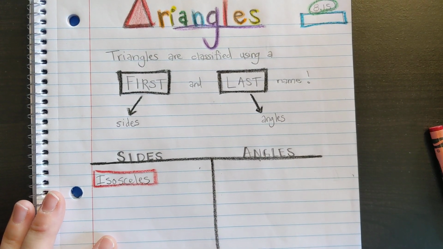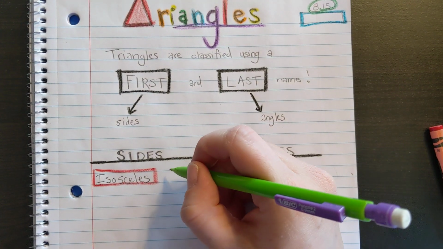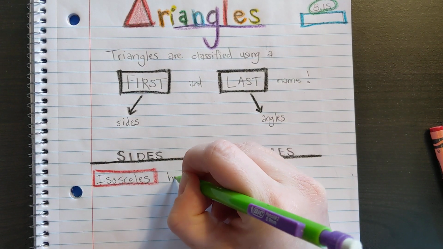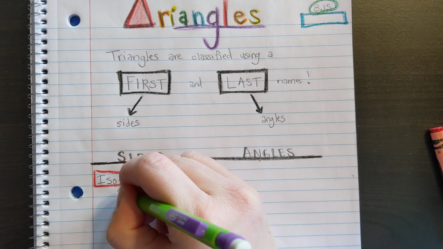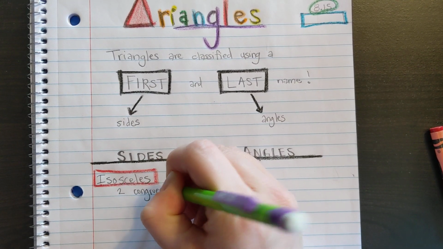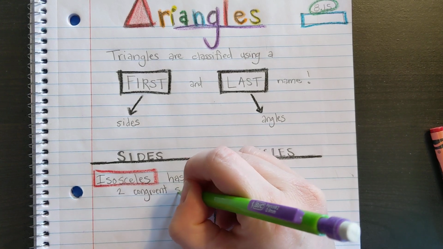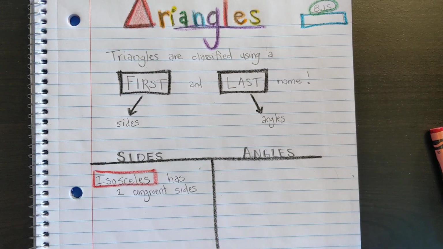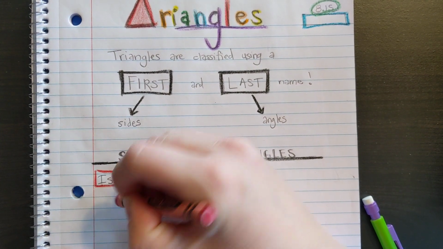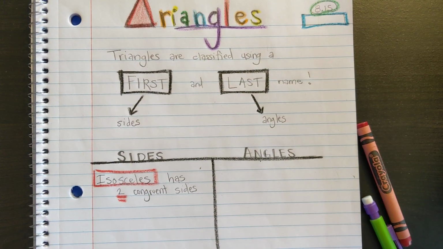If a triangle is isosceles, it means that it has 2 and only 2 congruent sides. Remember that the word congruent means equal in length. If it's isosceles, it's going to have 2 congruent sides.